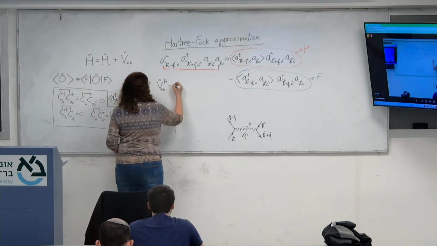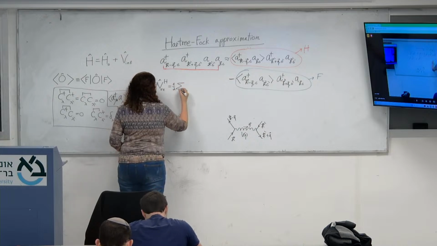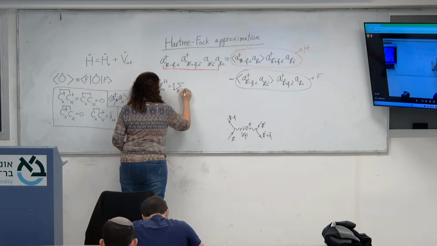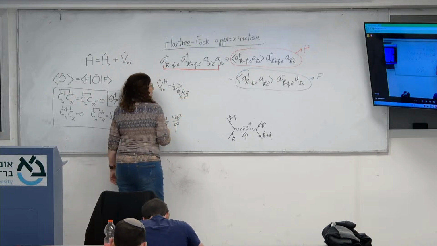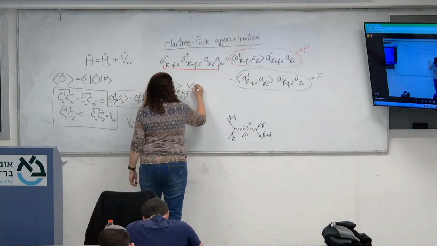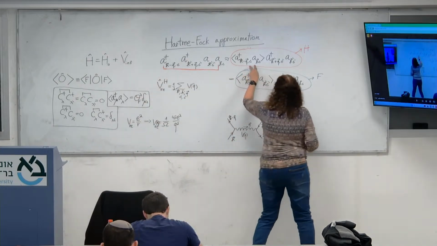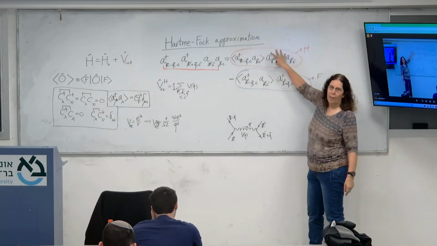I take my sum over k, k prime, q, sigma and sigma prime, v of q. This is the contribution I get.